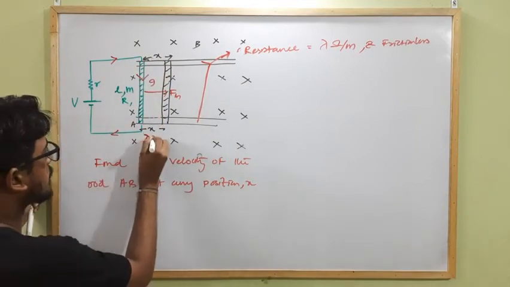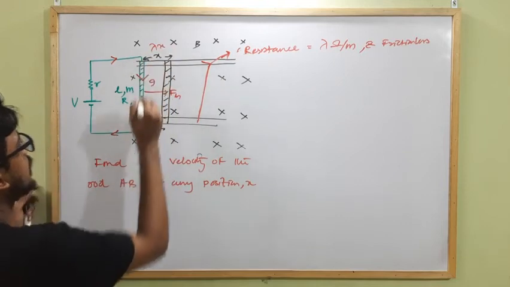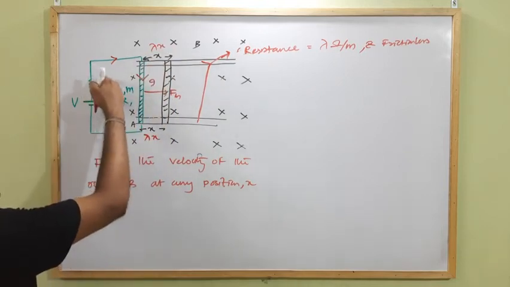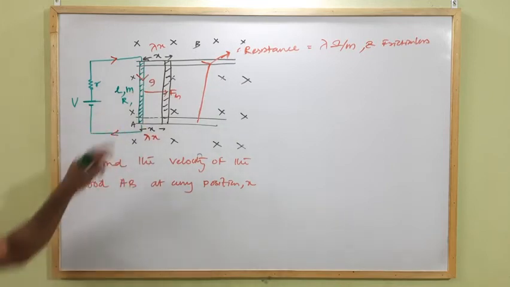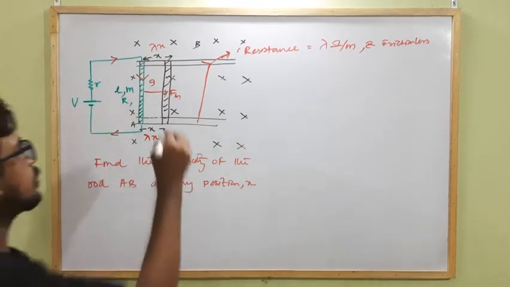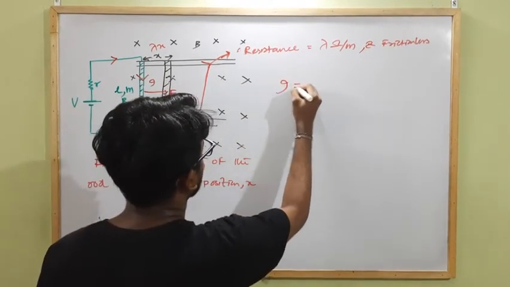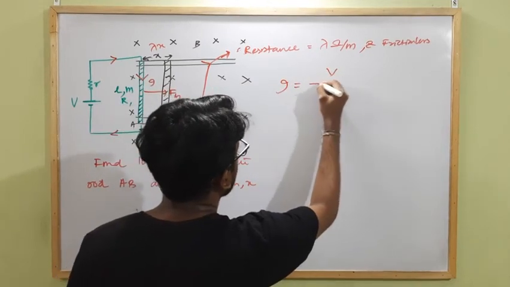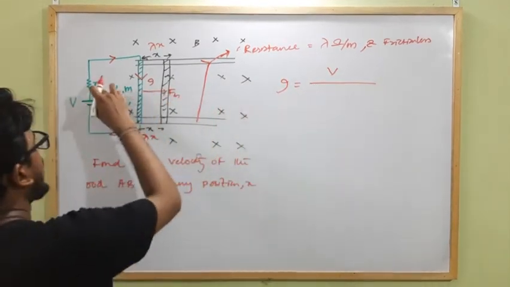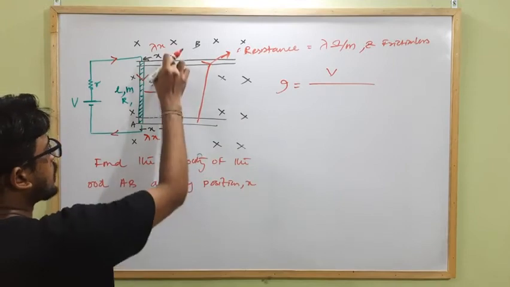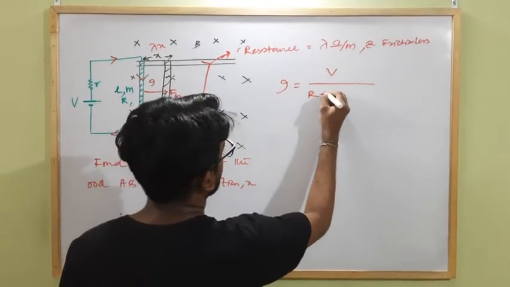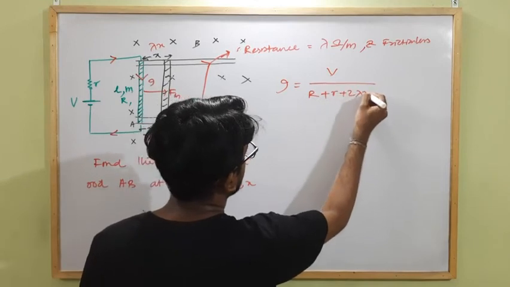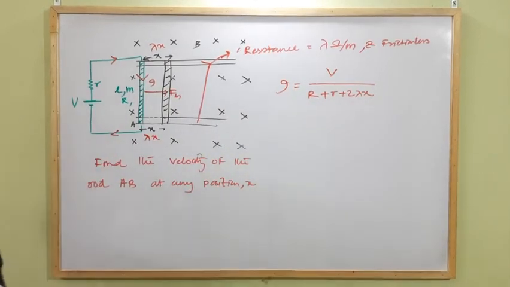It will be lambda X, and again it will be lambda X. So along with this internal resistance, these two resistances are connected in series with the rod. So now the current value will be changed. I will be how much? Total potential divided by total resistance, that is R plus lambda X plus the resistance of this rod R, again lambda X. So it will become R plus 2 lambda X. This will be the value of I.